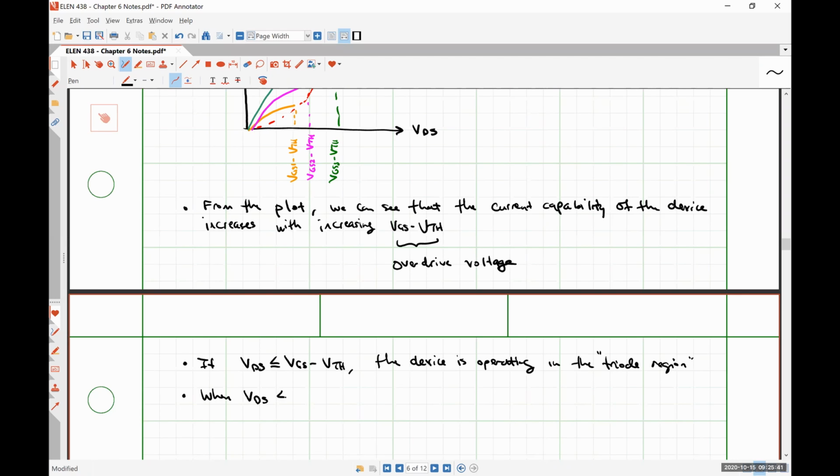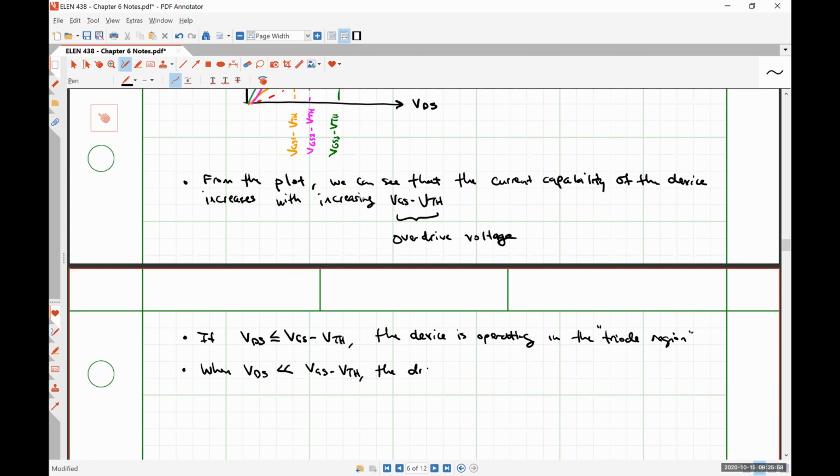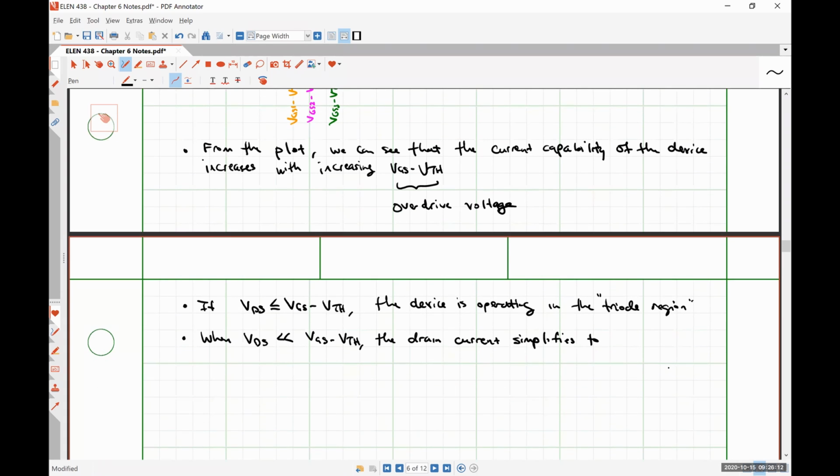When VDS is much smaller than VGS minus VTH, the drain current simplifies to ID is approximately mu E Cox W over L (VGS minus VTH) times VDS.